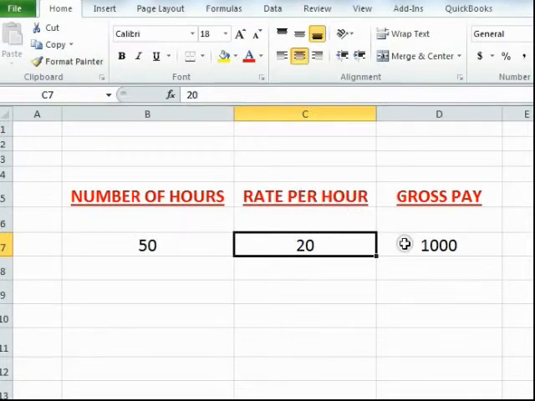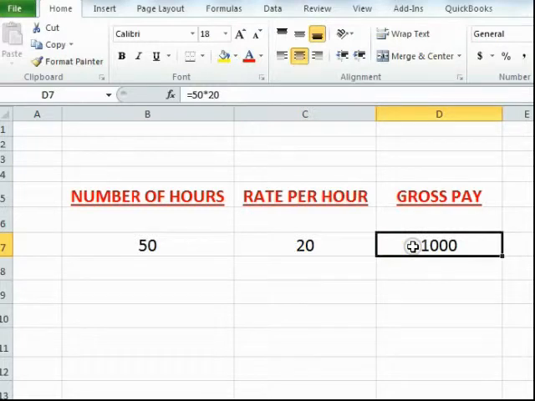Now, in the body of the spreadsheet in cell D7, it looks like there's the number 1000. But when I click to make it the active cell, you can see that even though the body of the cell shows D7 as $1,000, the formula bar shows what's really and truly in the cell. And what's really and truly in the cell is 50 times 20.